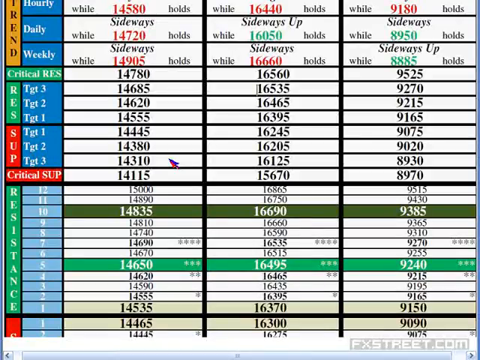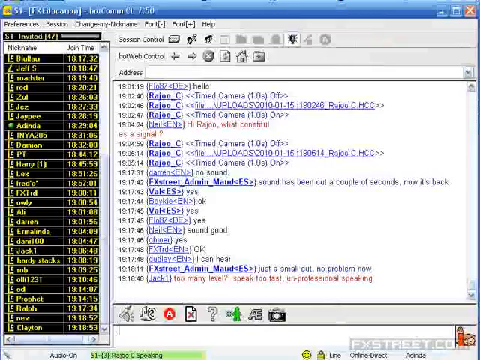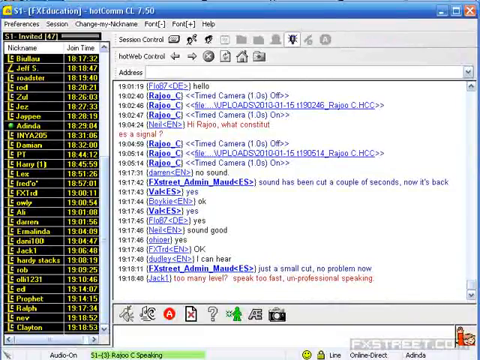Basically, this is how you enter or exit. Also, if you are a technical trader, do understand the fact that your previous resistance would become a support.